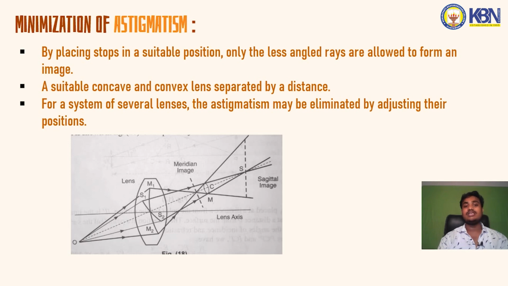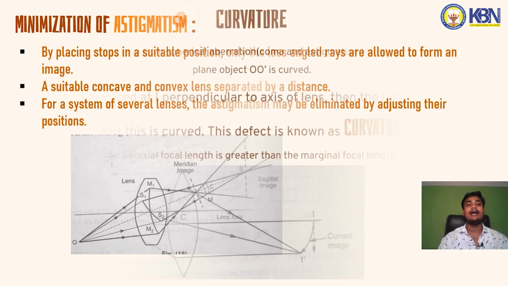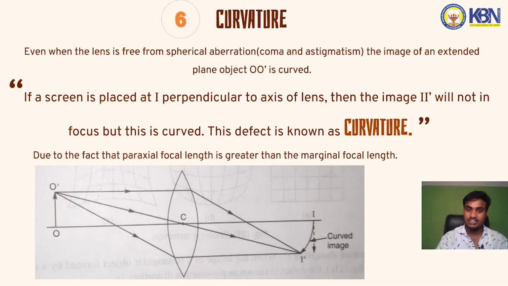Now we are going to see the next monochromatic aberration, which is curvature. Even when the lens is free from spherical aberration, coma and astigmatism, the image OO dash of an extended plane object is curved.